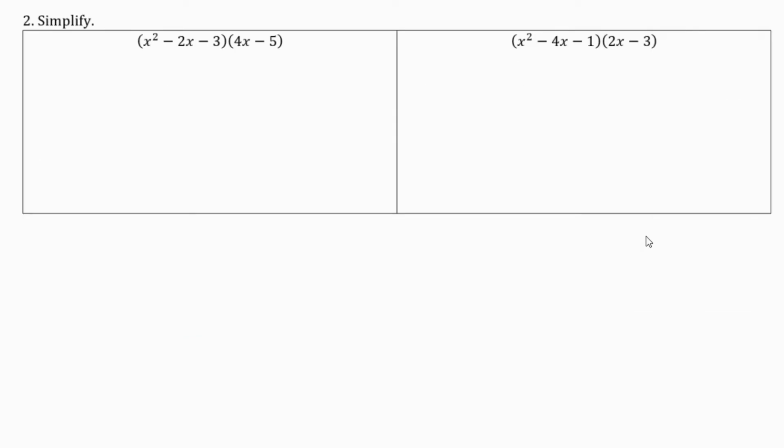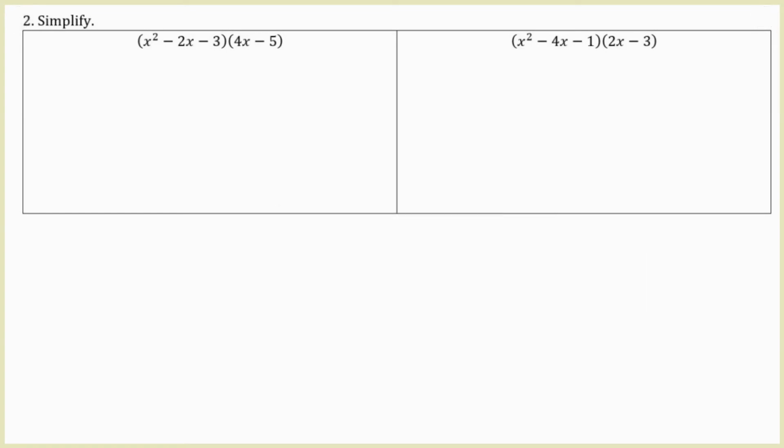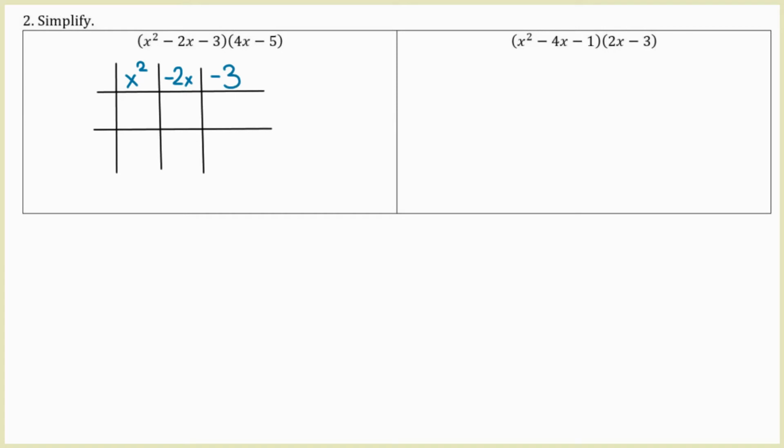We want to simplify, so we're multiplying here. The method I showed you back in the day was a tic-tac-toe method. So we're going to make a tic-tac-toe. At the top, we're going to put our first polynomial, which is x squared minus 2x minus 3.